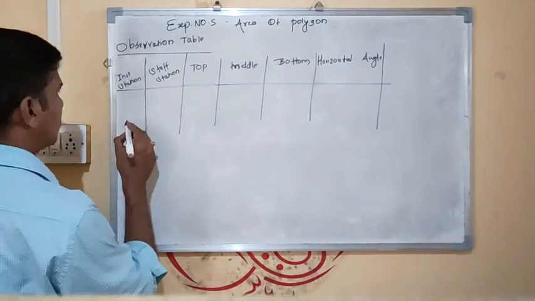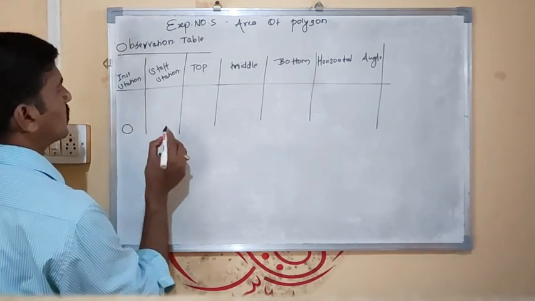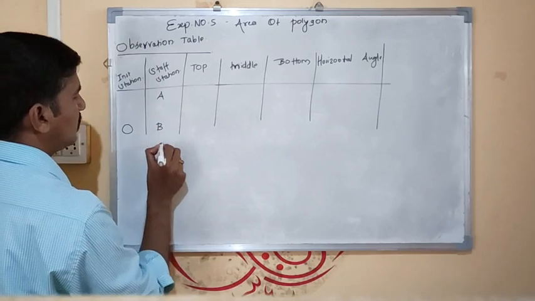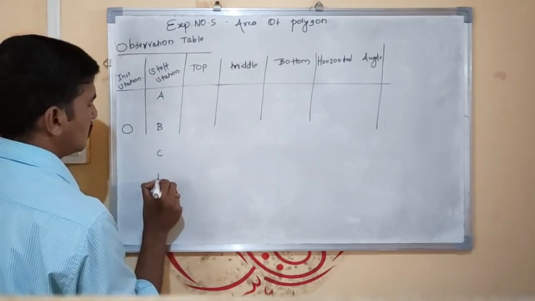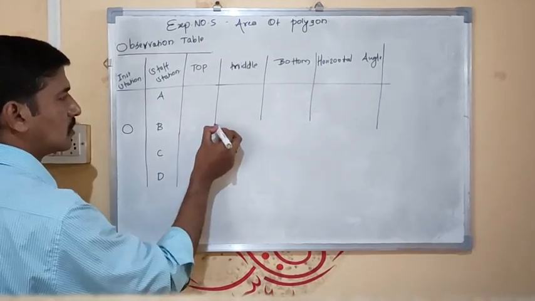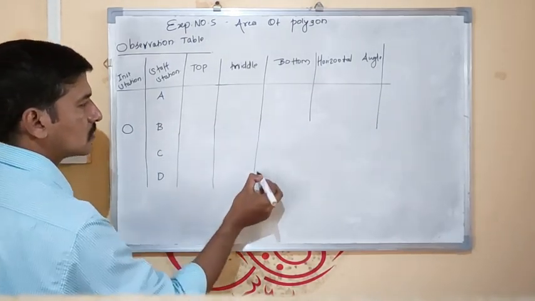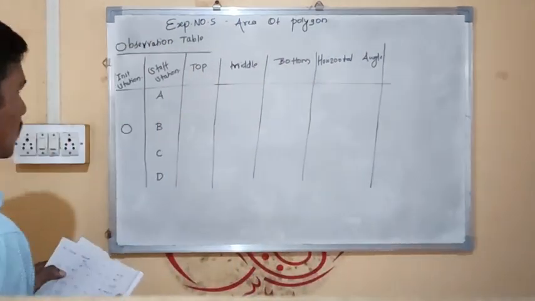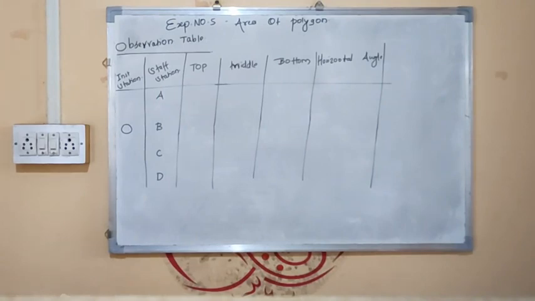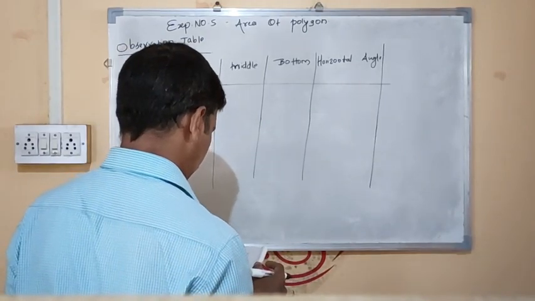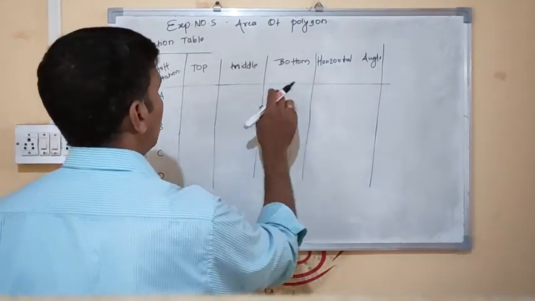Now I have kept the instrument station on O. Staff stations are A, B, C and D. Now I will be writing down the observation table. Top, middle and bottom.